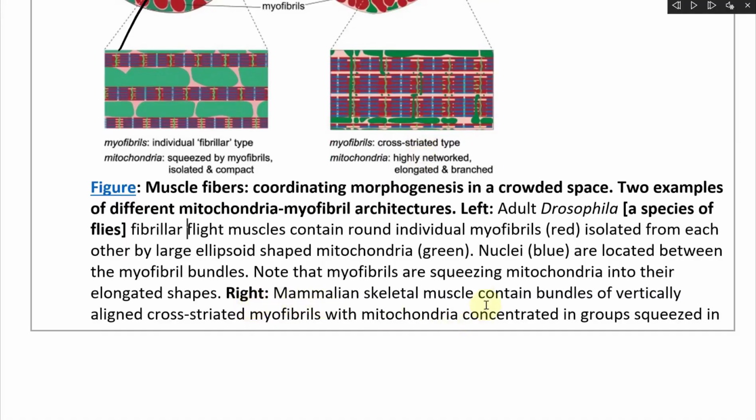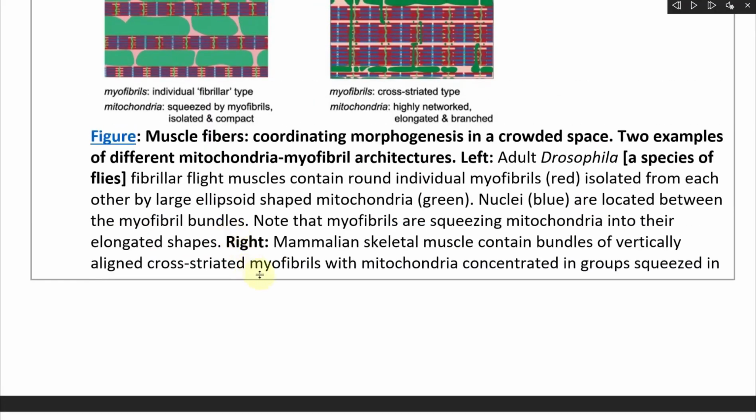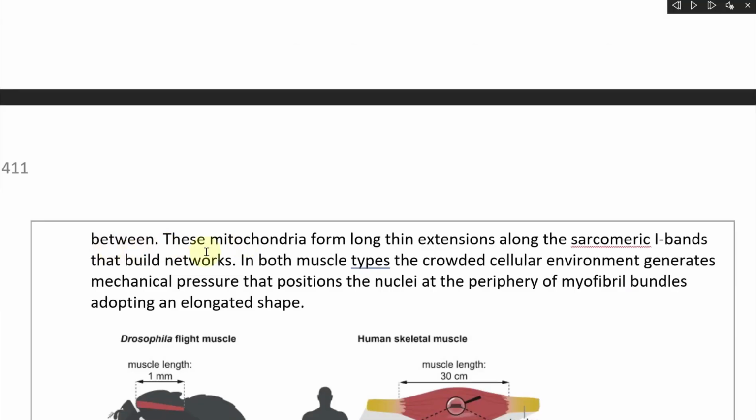So, mammalian skeletal muscle contains bundles of vertically aligned cross-striated myofibrils with mitochondria concentrated in groups squeezed in between. These mitochondria form long, thin extensions along the sarcomeric, let's see the pronunciation, sarcomeric I bands. I bands, or I think it's an I. Yes, it's I, not an O. I bands that build networks.